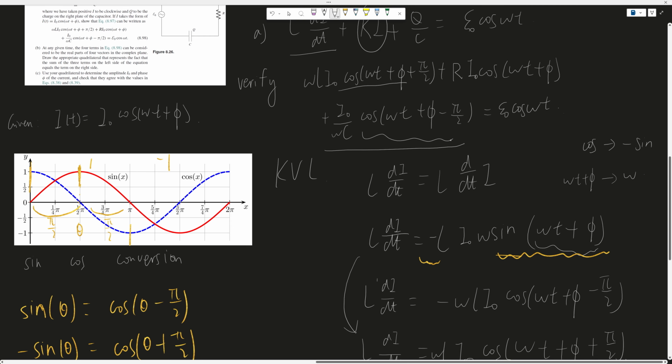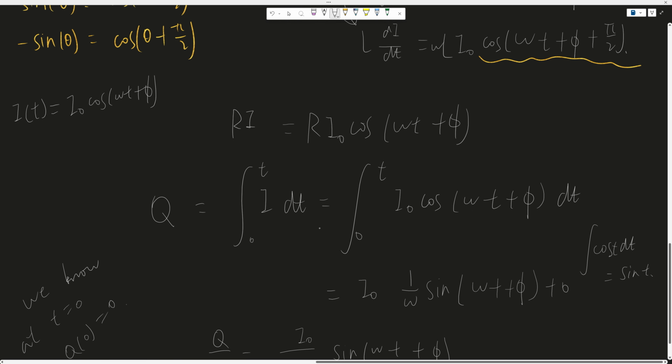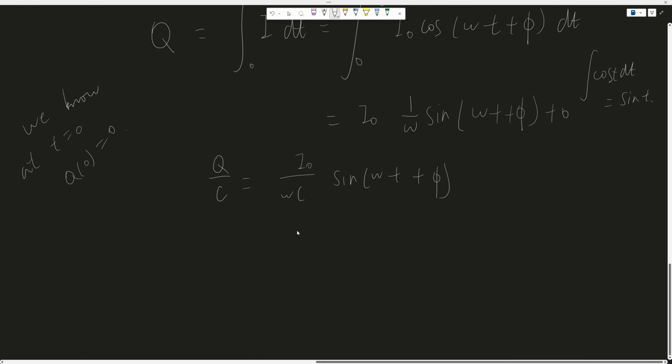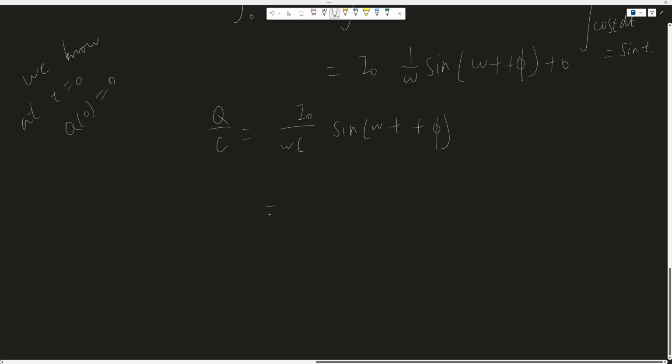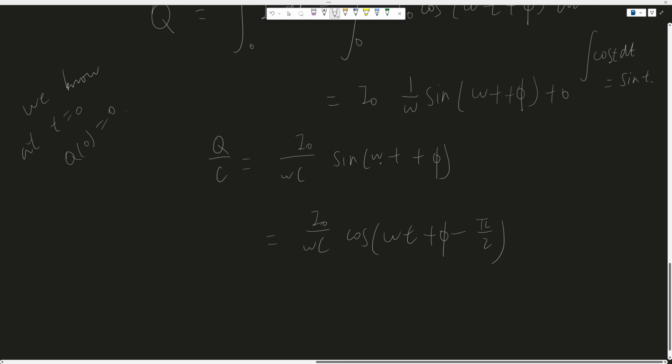And then let's just do the sine and cosine conversion here again. So previously we said sine theta equals cosine theta minus pi over 2. And so theta is omega t plus phi, so it's just I0 over omega C cosine omega t plus phi minus pi over 2. And so now let's assemble our equation.